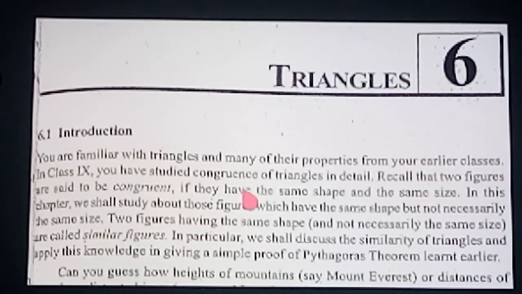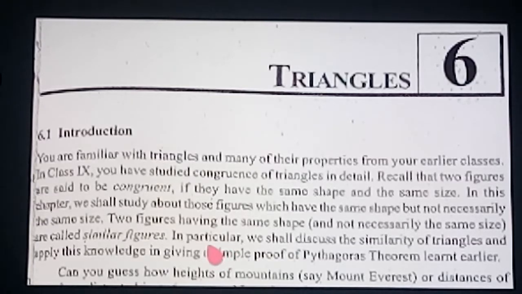If they are congruent figures, their area also will be the same, because I told you very clearly, congruent figures means two figures that have the same shape and size. Same shape and same size. That type of figures we are calling congruent figures.